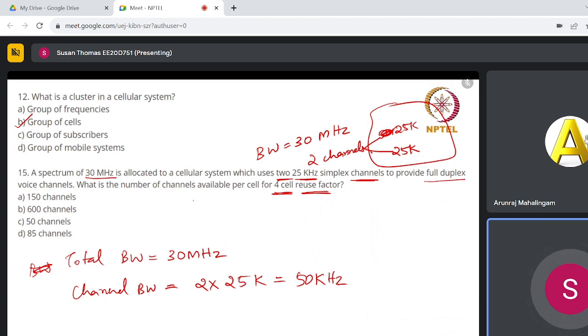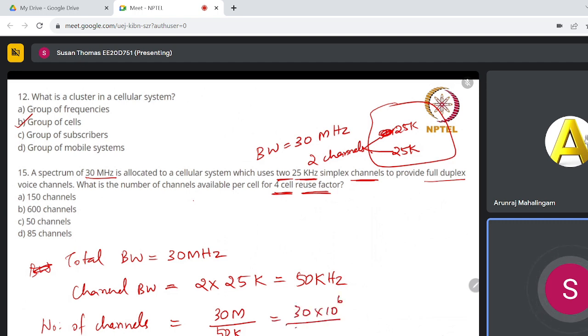So how many channels are possible? Number of channels will be 30 mega divided by 50 kilo. What will be the answer? Can you please calculate and let me know? Total number of available channels.